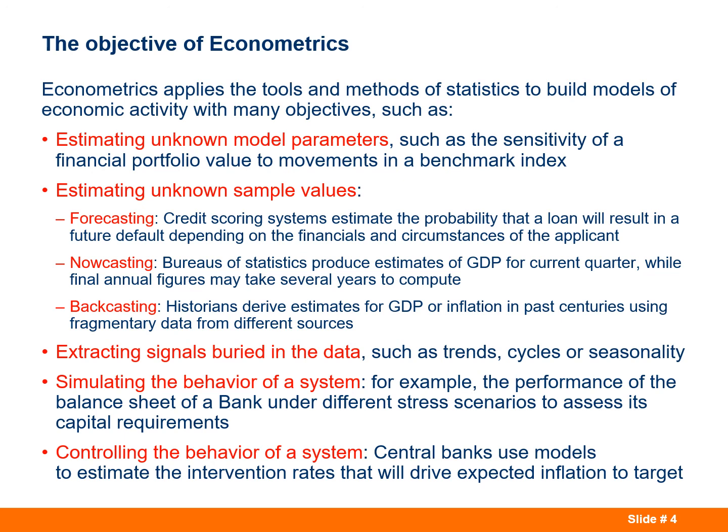For example, if we have a portfolio of investments and we are worried that a market index may fall, we could fit an econometric model relating the value of our portfolio to the movements in the benchmark index. So you can simulate how your portfolio will perform given certain fluctuations in the market.